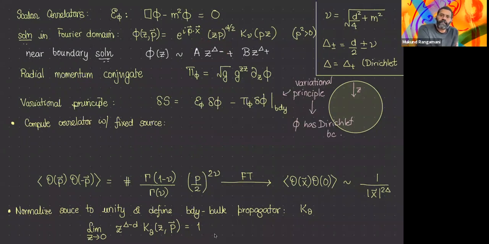a times z to the delta minus, which means that the value of the field has to be fixed by freezing A and letting B be determined by the smoothness condition at the origin.